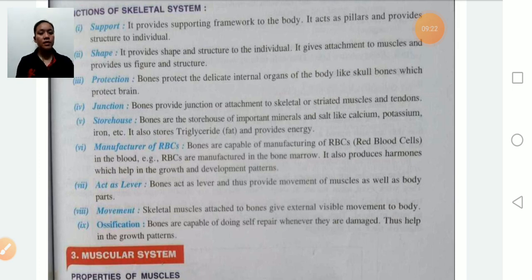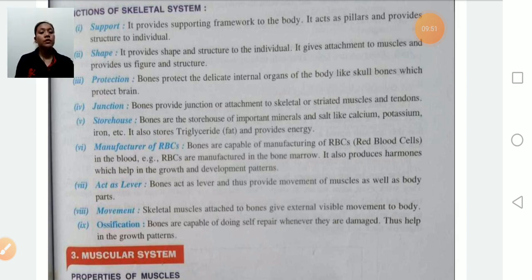Bones act as a junction, meaning where two bones meet. Storehouse: bones are the storehouse of important minerals and salts like calcium, potassium, iron, etc. They also store fat and provide energy.